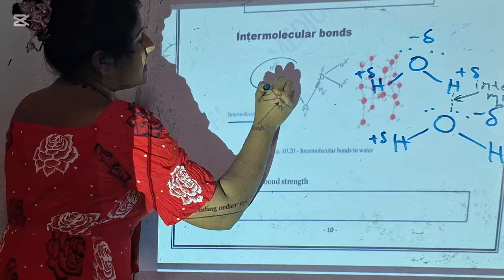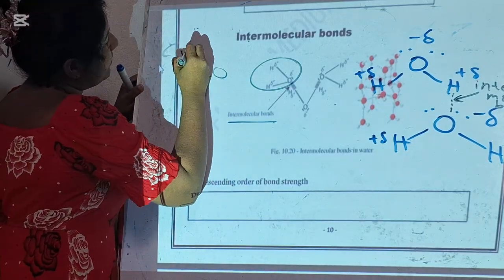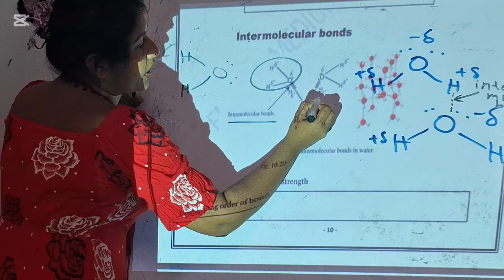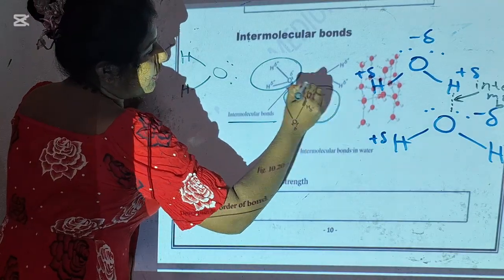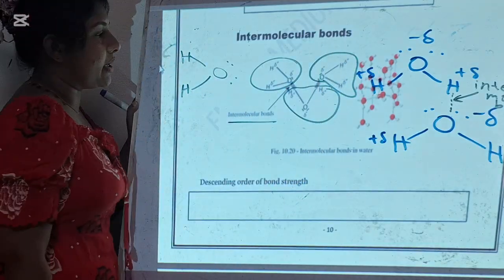Look, this is one of the water molecules, in this shape. This is another water molecule here, another water molecule, and also this is another water molecule. There are three water molecules.